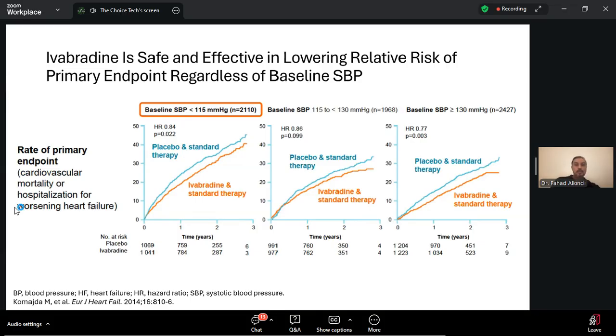And it has shown that it is a very safe and effective medication across all spectrum of the blood pressure. Even if the blood pressure of the patient is borderline, the impact on the heart rate is strong, with a very minimal effect on the blood pressure.